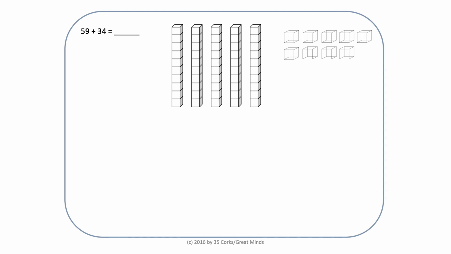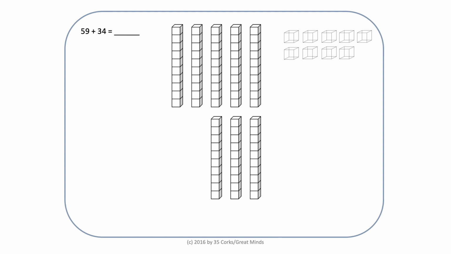So this is going to look a little different. I'm going to put my 3 tens underneath my 5 tens. Or we could say we're vertically aligning them. Can you say that? Vertically aligning? Good job. That means it's one on top of the other. It's going up and down, not next to each other, not side to side.